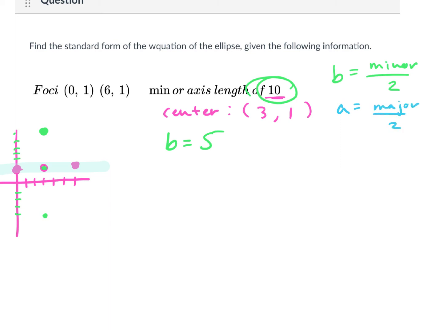What is C? Do we know that? C is the distance from the center to the foci. So what's the distance from the center to our foci? 3. So C is 3. And then how can we find A?